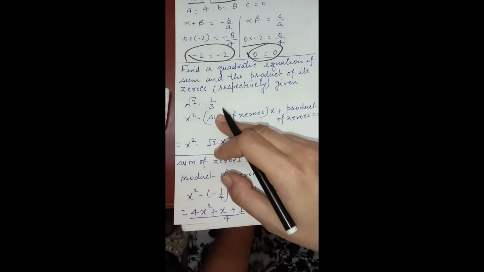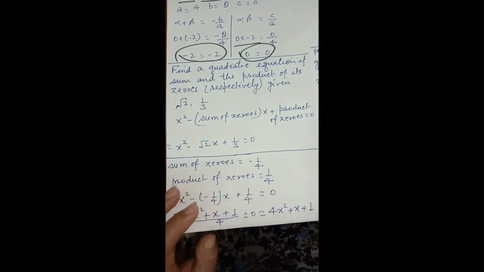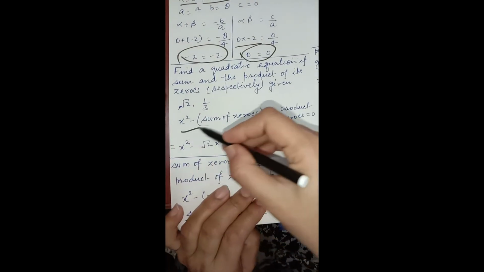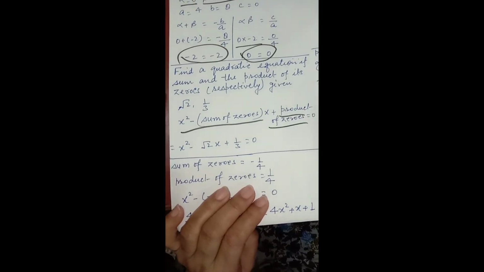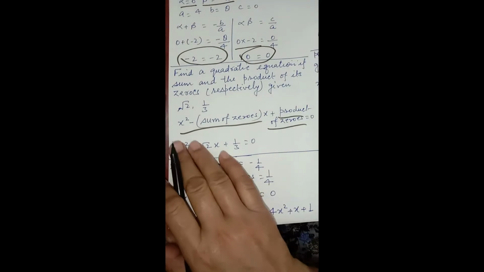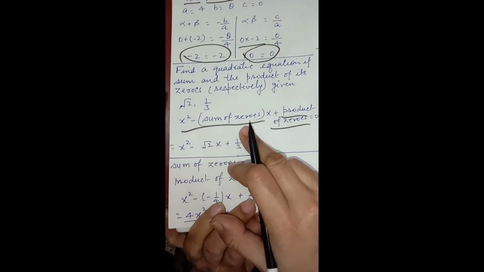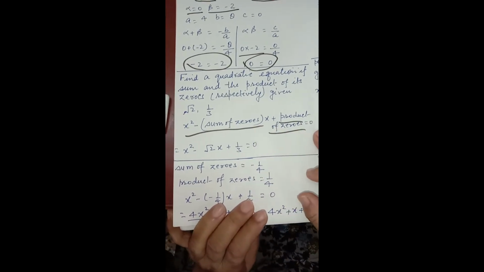How will we form the equation? I already told you when I started the chapter that x square minus sum of the zeros into x plus product of zeros equals to 0. So the equation is x square minus, in the bracket, sum of the zeros, bracket close, x plus product of zeros equals to 0.